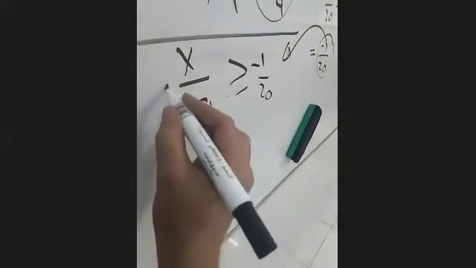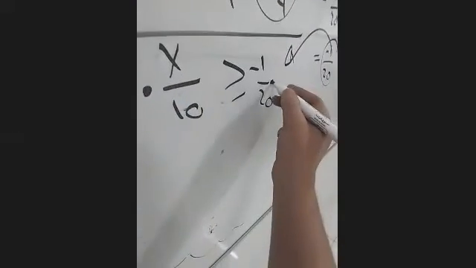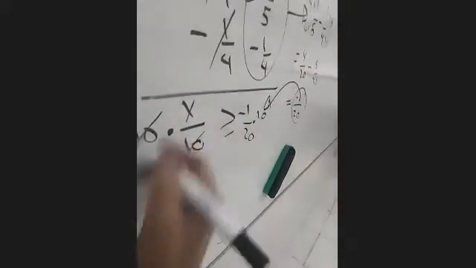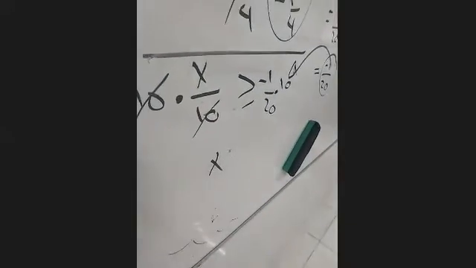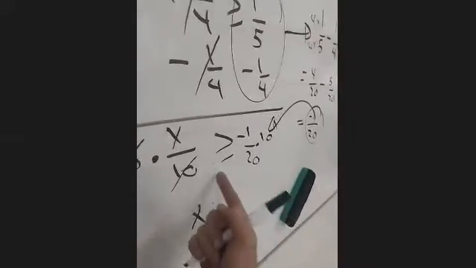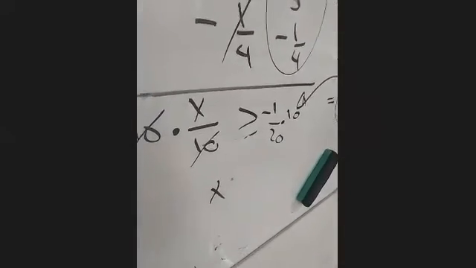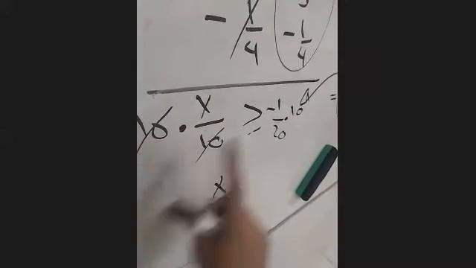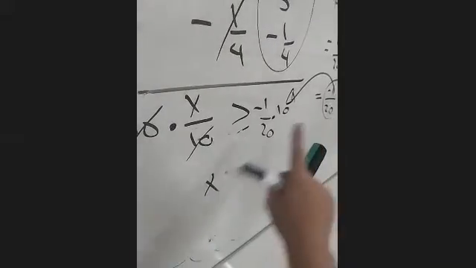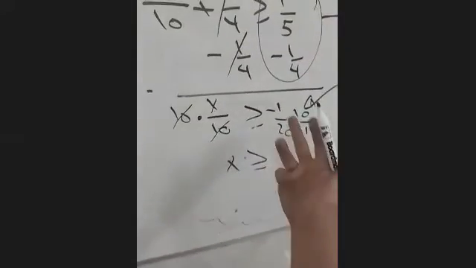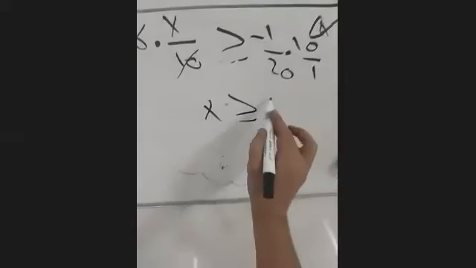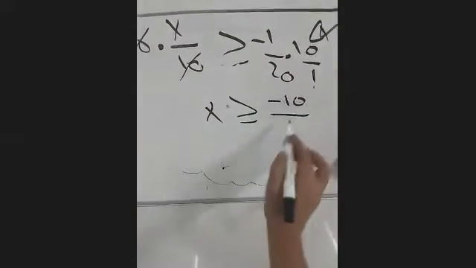So here multiply by 10 and here multiply by 10, and the 10s are gone. What is still on this side? X. Do we need to switch the inequality? No, because I multiplied with a positive number, which is 10. So it stays the same, and here we multiply normally. Negative 1 times 10 is negative 10, and 20 times 1 is 20, right?